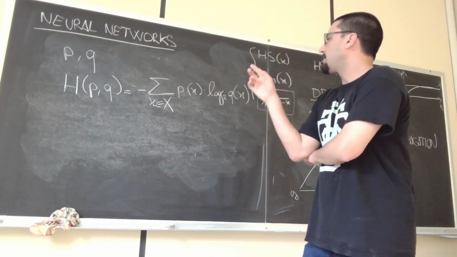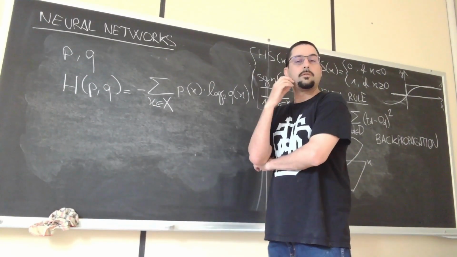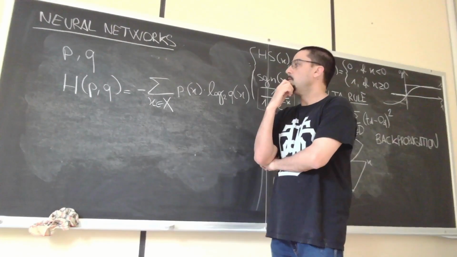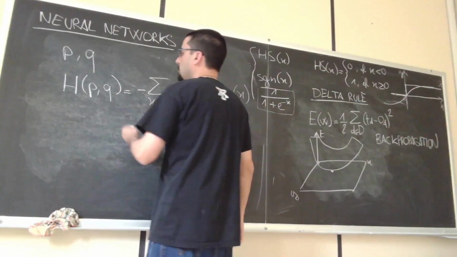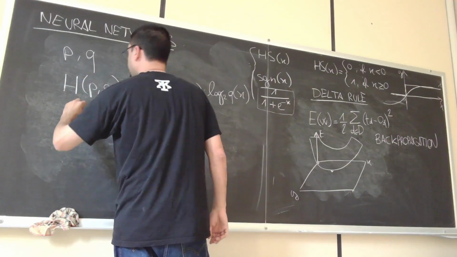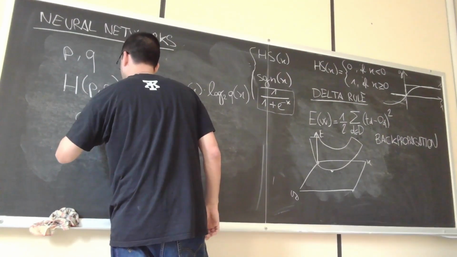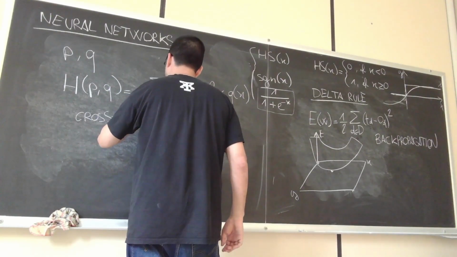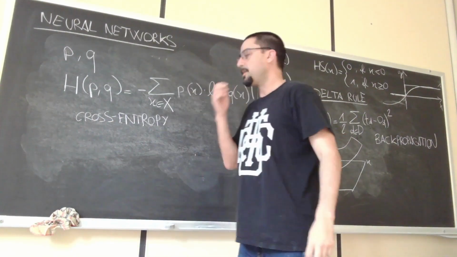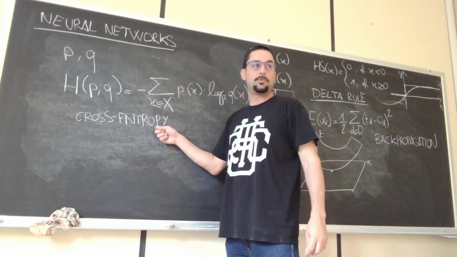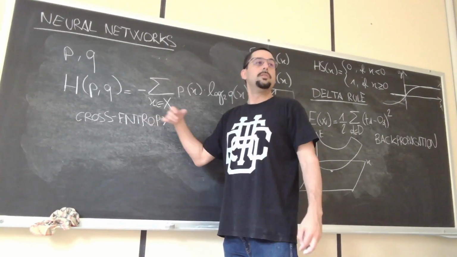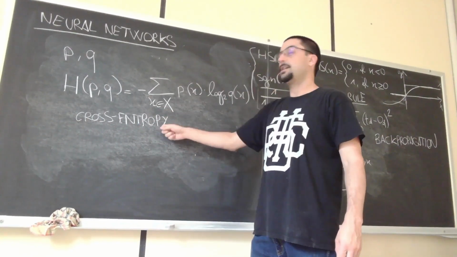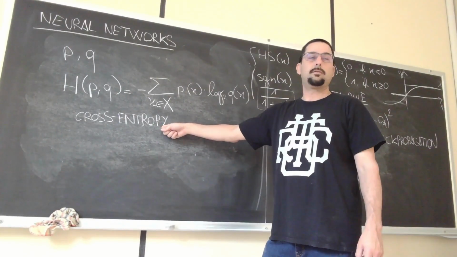There is a small caveat here. If you look into deep learning papers or books, you will see that this is called cross entropy. Actually, if you look into information theory books, you see that cross entropy is something slightly different.